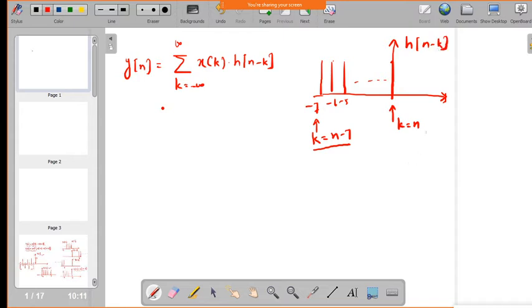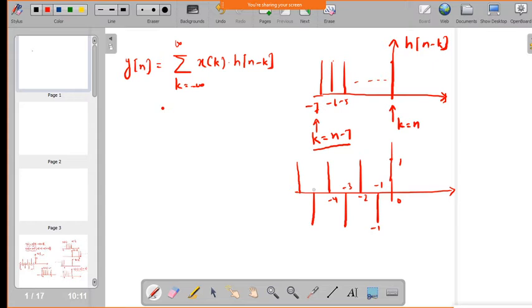Now I already know what is x of k, which we have drawn earlier, that is sample amplitude value 1 at 0, minus 1, and plus 1, minus 1, plus 1, minus 1, plus 1, so till the value minus 7, that is minus 2, minus 3, minus 4, minus 5, minus 6 and minus 7.